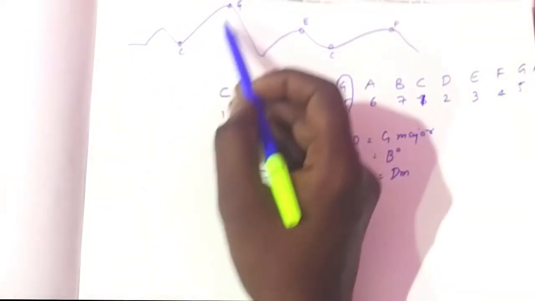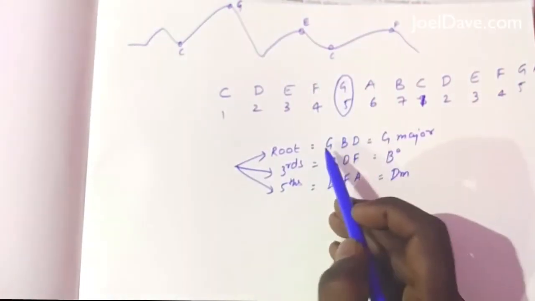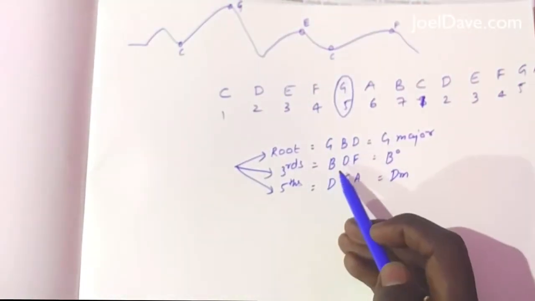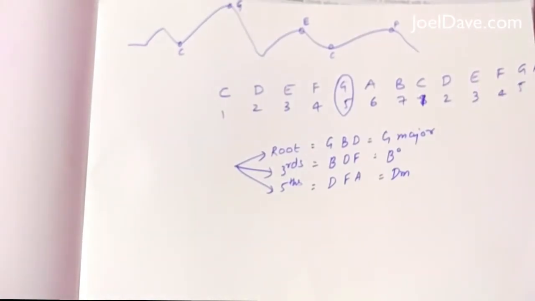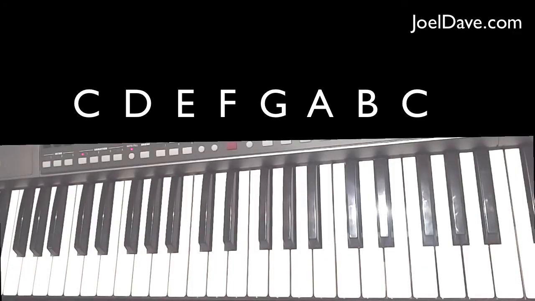So if the melody note is G, then you take the root chord, or the third, or the fifth chord. I hope this made you understand, and I want to give you an example of playing it on the keyboard. So let me take this to my keyboard. To show an example, I would like to use a song called What a Friend We Have in Jesus.